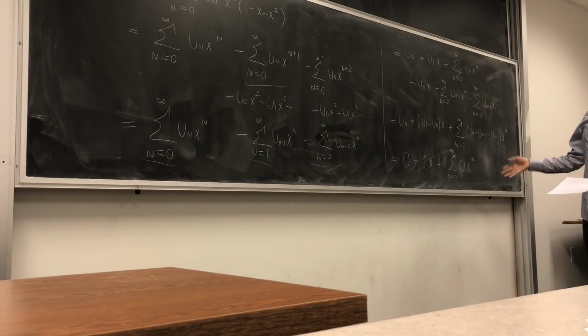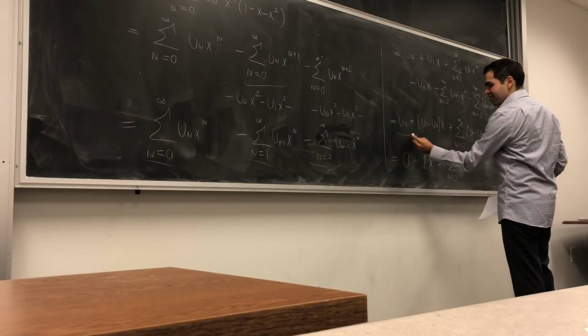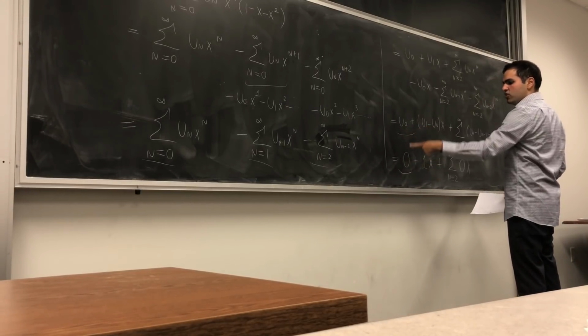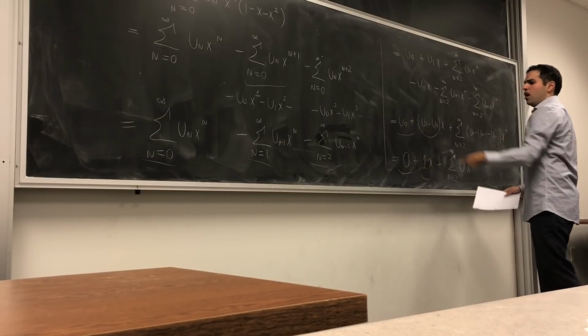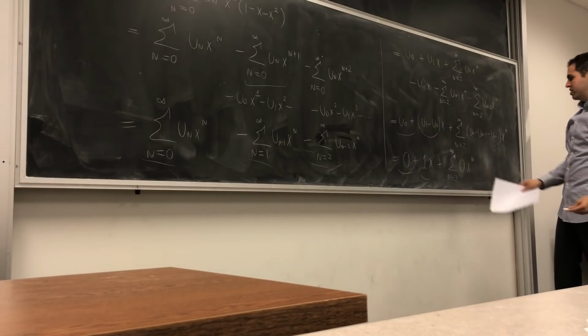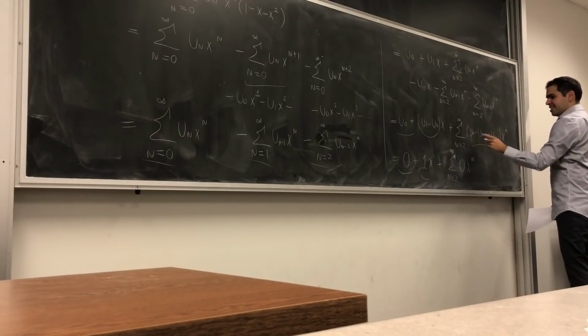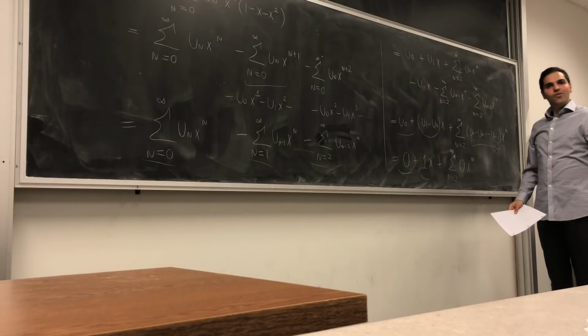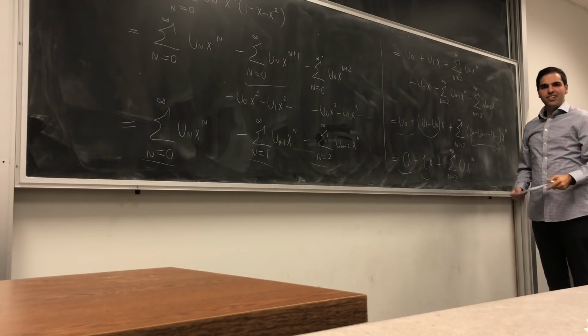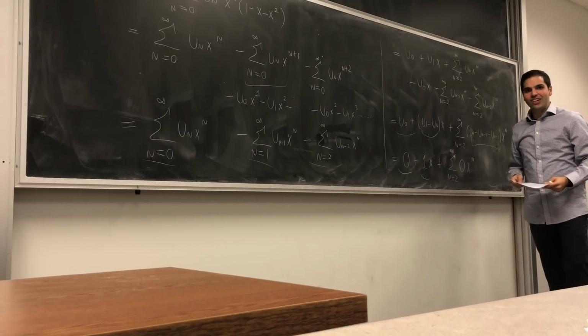In particular, if you compare those coefficients, we get that u0 is 0. u1 is u0 plus 1, which is 1. And more interestingly, we get that this term is also 0, which will ultimately give us our desired equation.